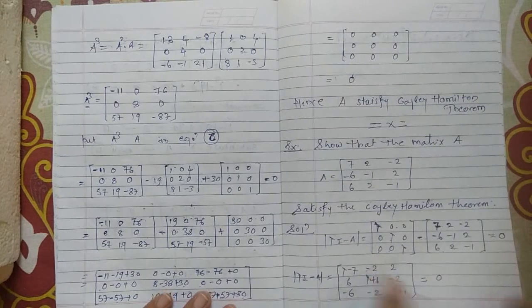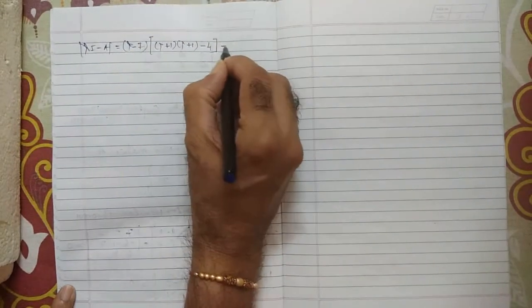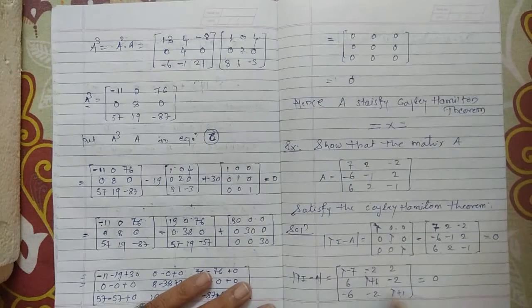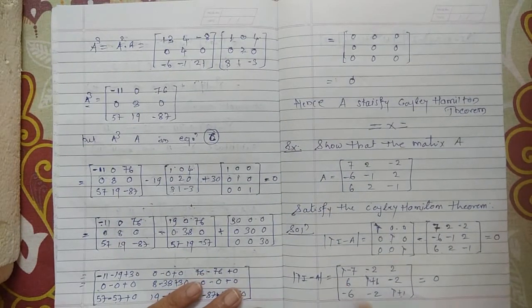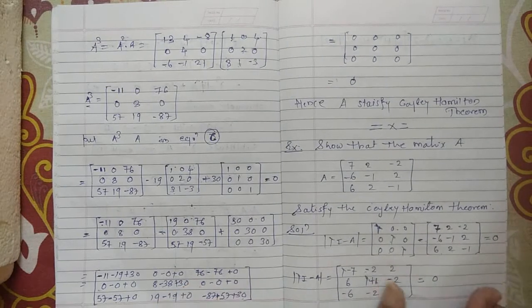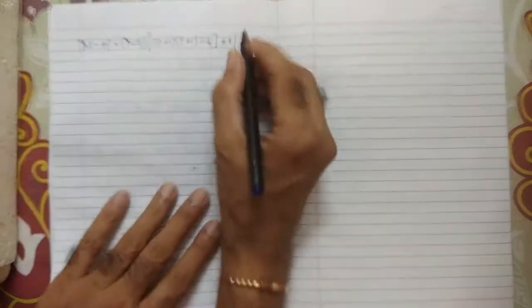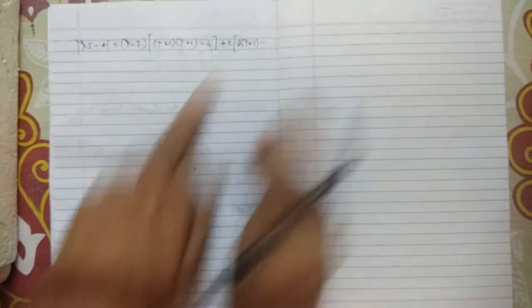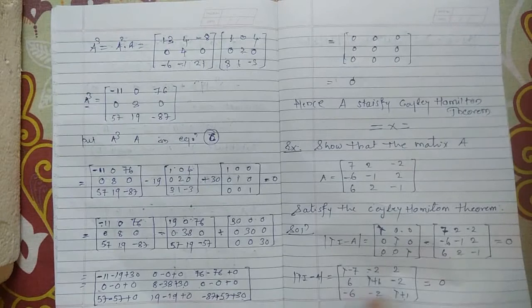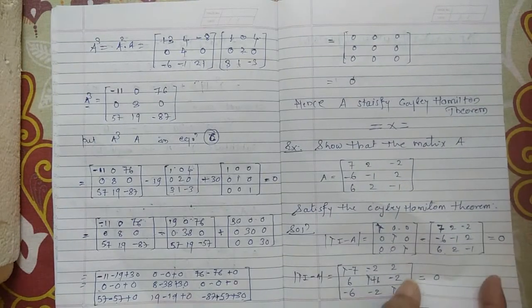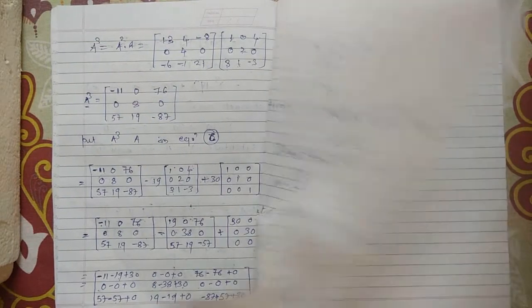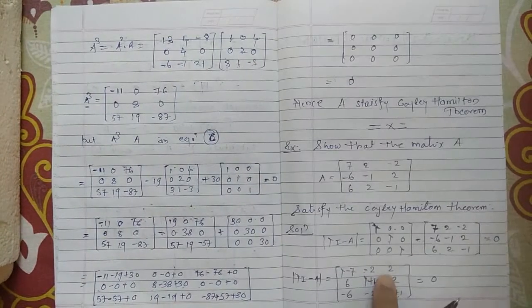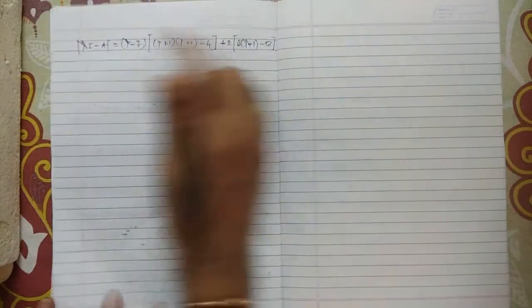Then this is minus 2, so minus 2 times minus 2 becomes plus 2 in bracket, lambda plus 1 into 6, and minus minus 12 means plus 12, so 6 times lambda plus 1, minus 12.